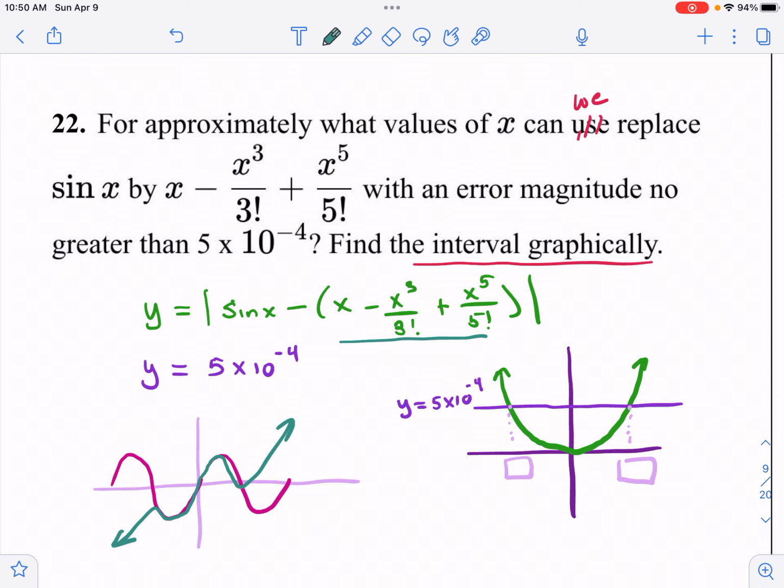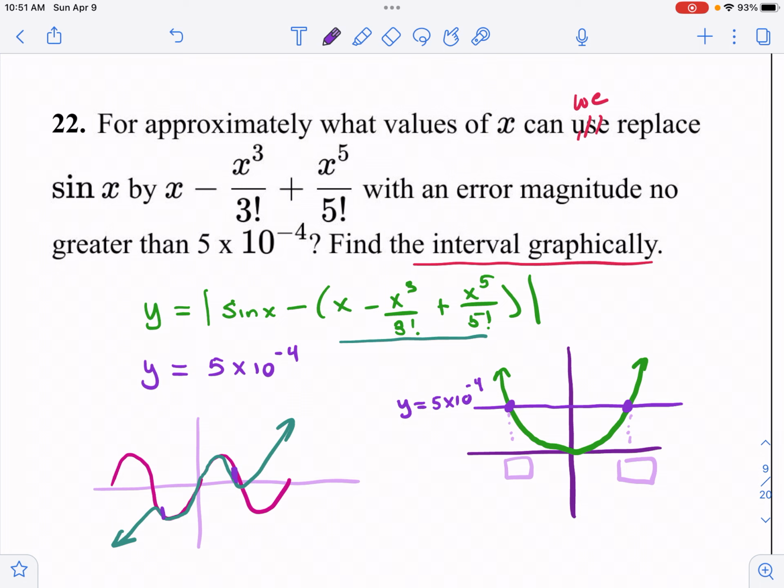But the vertical distance over here will always match the vertical distance at an equal x value away. So you can just get one endpoint and it'll match the other one, just the negative of it. But if you doubt that, we can check it. All right, so we're looking for these x values.